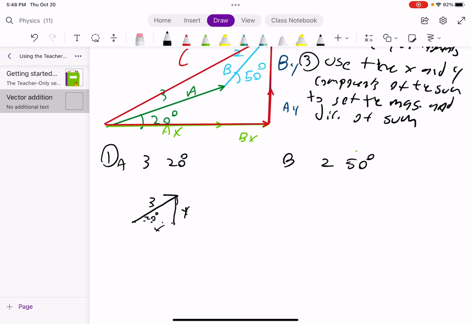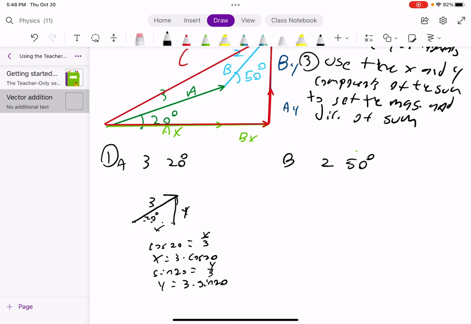So we're going to use a cosine function to find X and a sine function to find Y. Cosine of 20 equals X over 3, which means X equals 3 times the cosine of 20. Sine of 20 equals Y over 3, so Y equals 3 times the sine of 20.